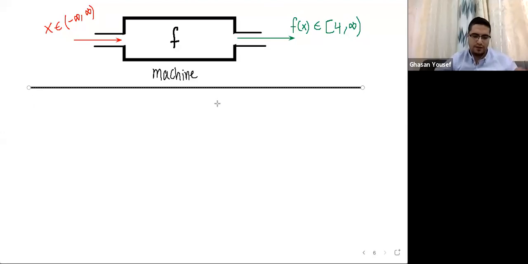Okay, so we have another example. Evaluate each function. Here is example number 2.